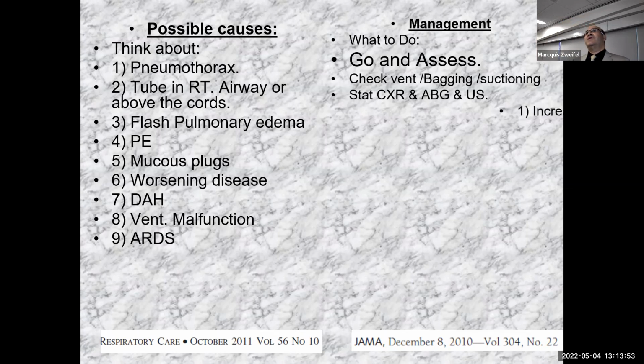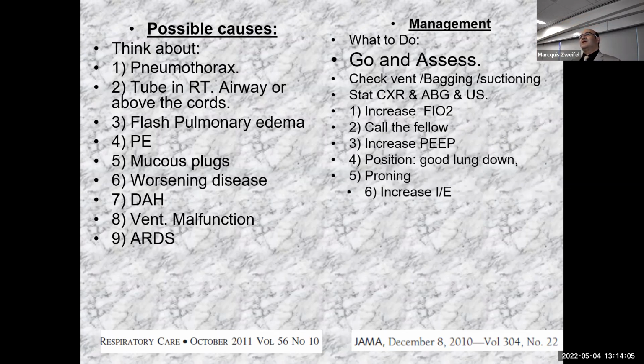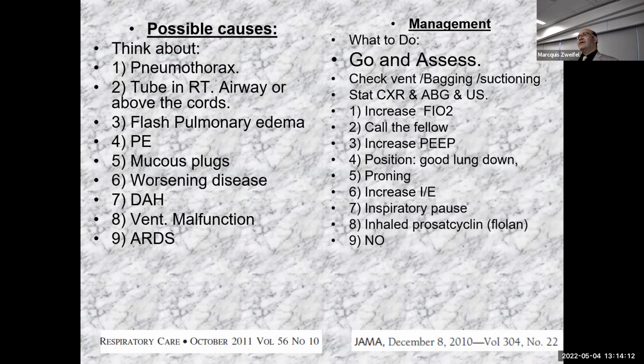So these are the things that we can do. Increase the FiO2, call the fellow, increase PEEP, position good lung down, proning, increase I time, respiratory pause, inhaled prostacyclin, same for nitric oxide, paralytics, APRV, and these 2 things are out.